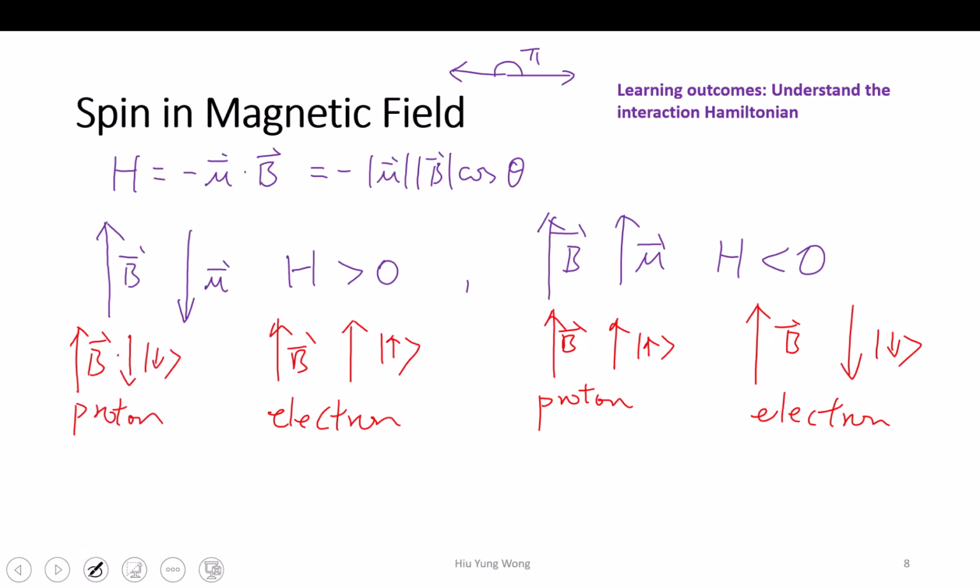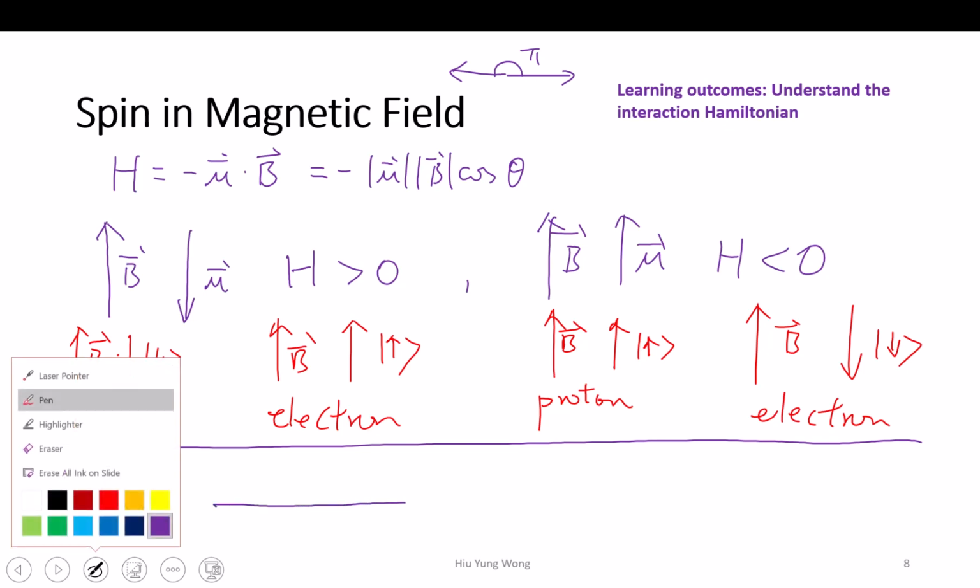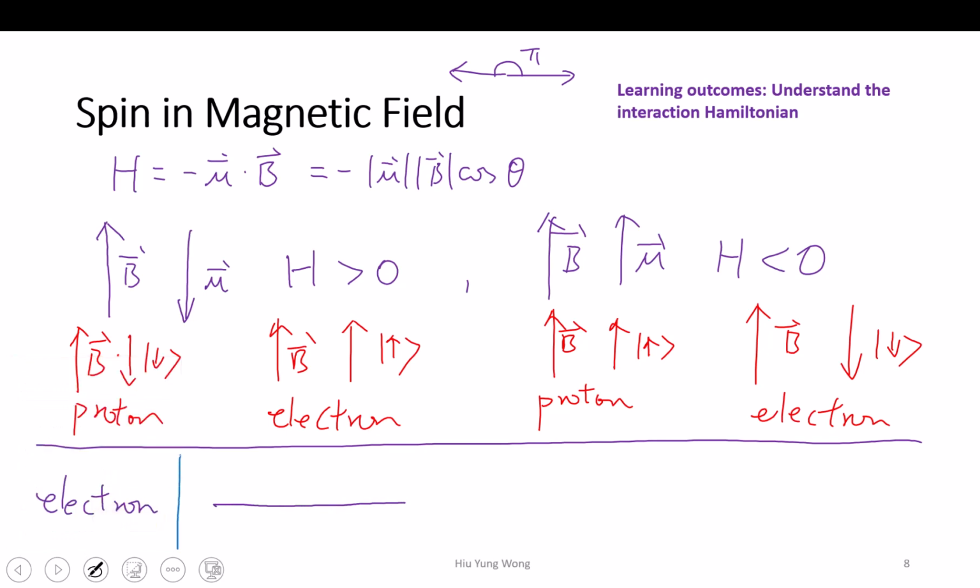Now, we don't care about the proton in this class. We only care about the electron, right? So for the electron case, what does it mean? Now, if I try to draw a diagram, this is the energy scale from low to high.